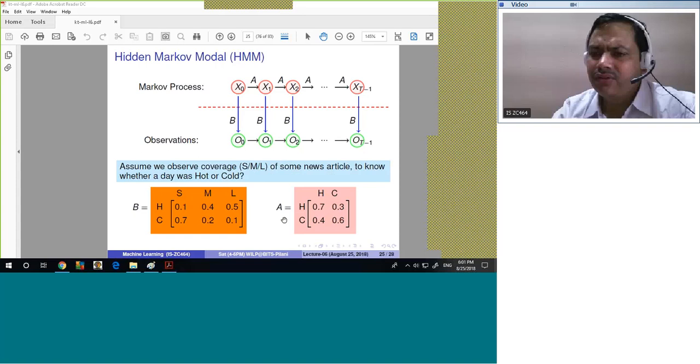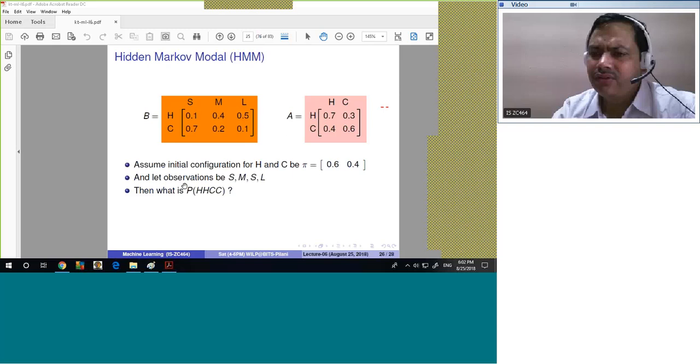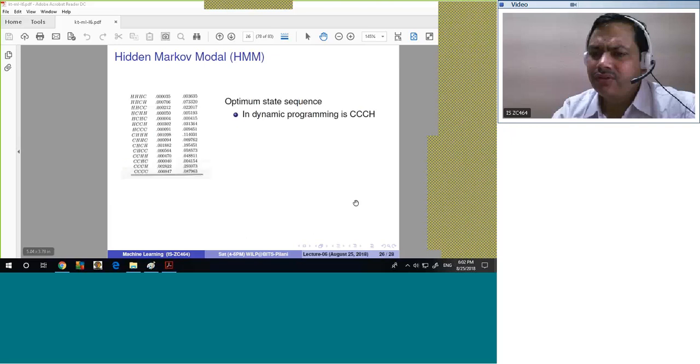These two things are important. If these two are given to me, I can find the probability. If an observation is given to me, say small, medium, small, large, and I want to find the probability of hot, hot, cold, cold, then I can do something to find it. So we have seen how to find this probability.